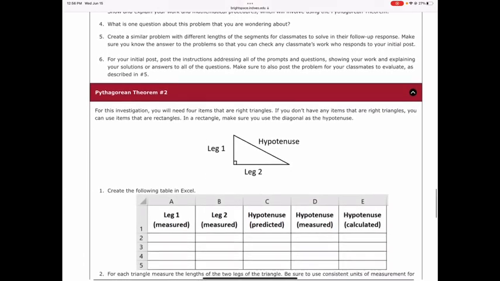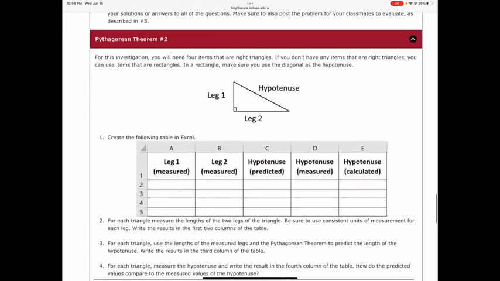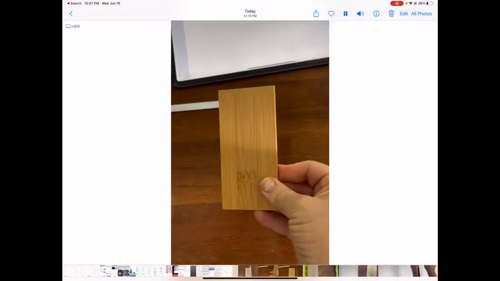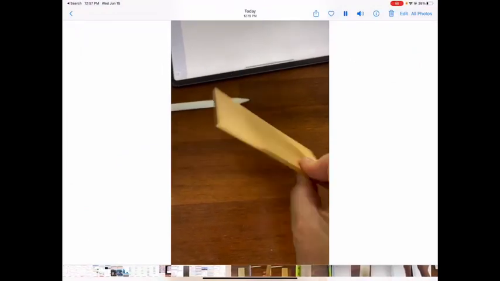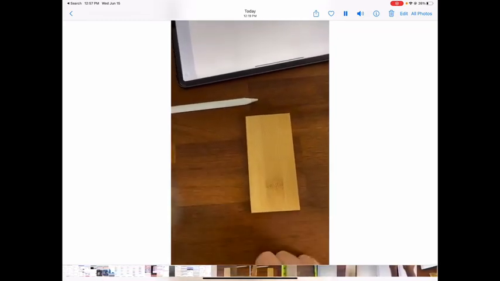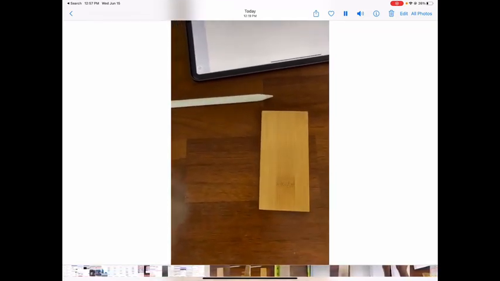If you choose to do 2, I went ahead and did an example for you, so let me show you that example. Take either a rectangle or a triangle in your house. This is just a little drawer separator that I picked up in my house, and it's a rectangle, so I'm going to measure both legs.